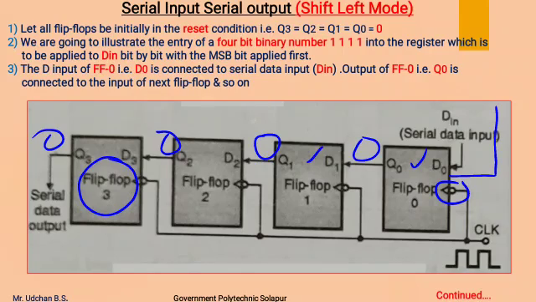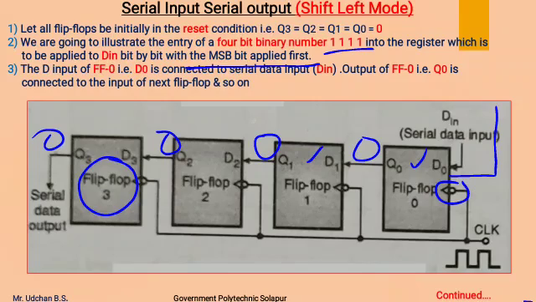Now we are going to enter a 4-bit binary number, that is 1111, into the register in the left direction, and the data which we are going to apply is given as an input to the data input pin bit by bit with the MSB applied first.